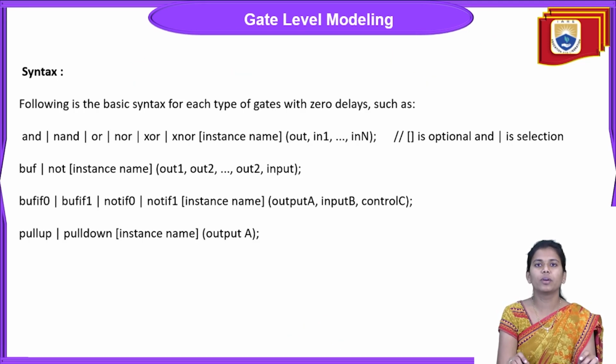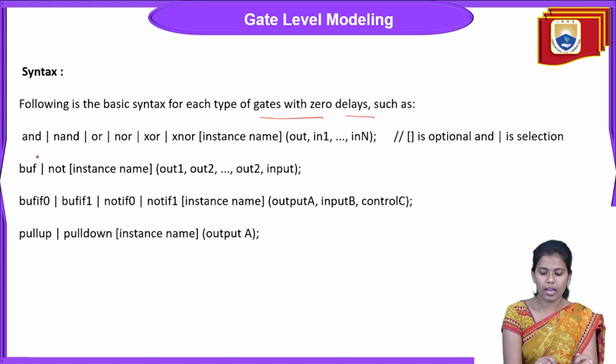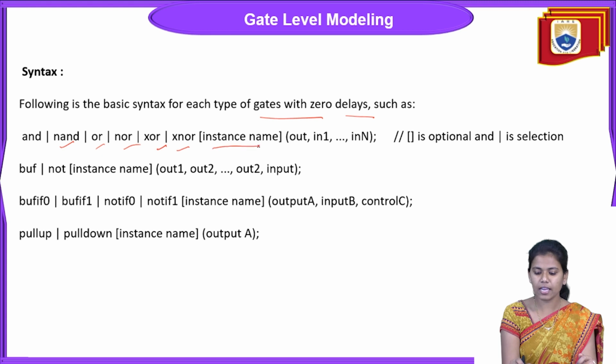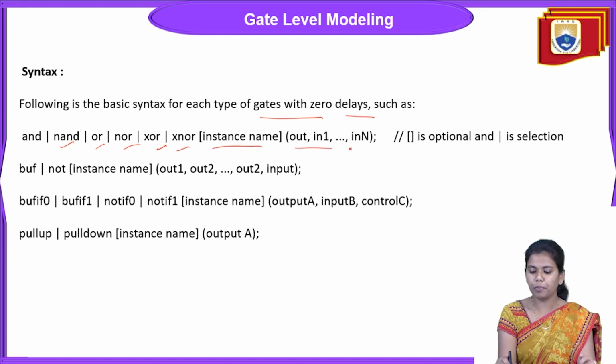Coming to the syntax. Here we have the syntax followed by each type of gate with 0 delays. So it follows like this: AND, NAND, OR, NOT, XOR, XNOR, then the instance name, and then the port list.